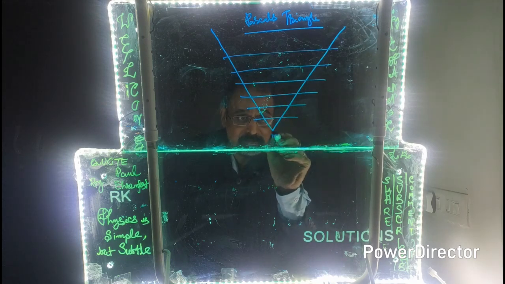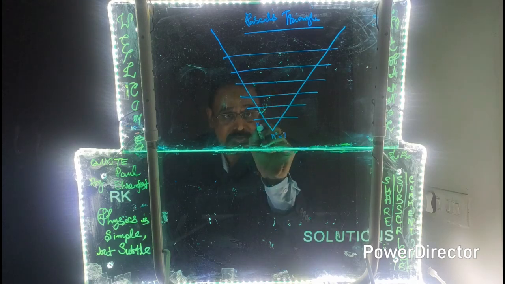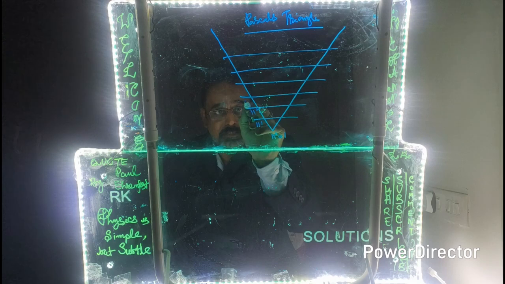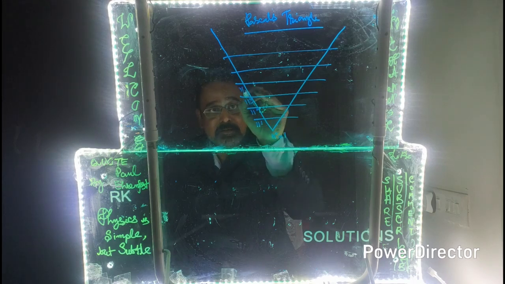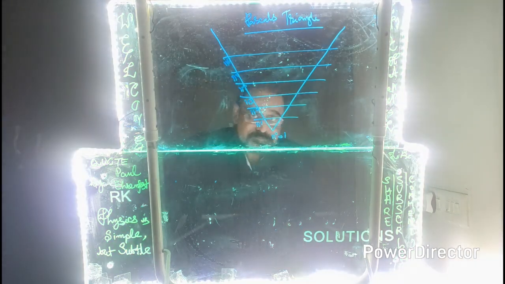This is 11 to the 0 equal to 1. This is 11 to the 1. This is 11 square, 11 cube, 11 raised to 4, 11 raised to 5, 11 raised to 6.